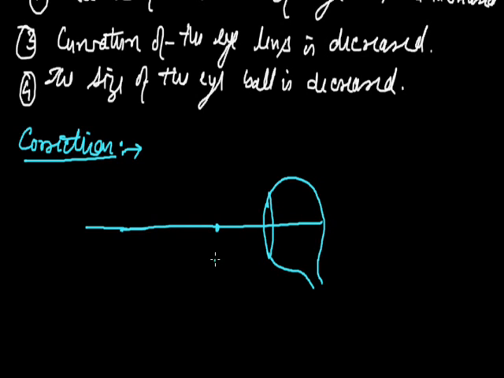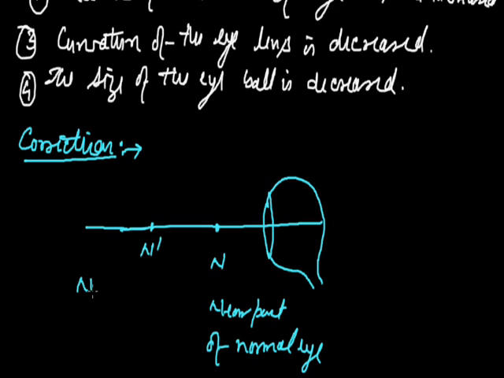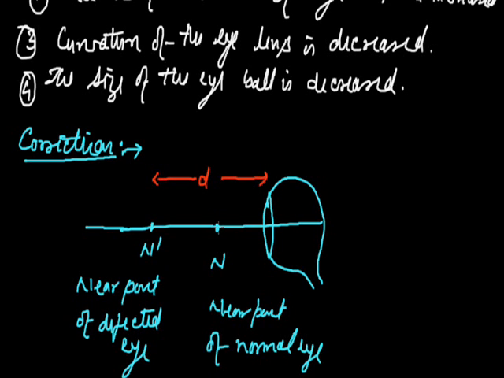This is the near point of the normal eye. This one is the near point of the defective eye. This distance is small d. This distance is capital D. Definitely small d is greater than capital D.